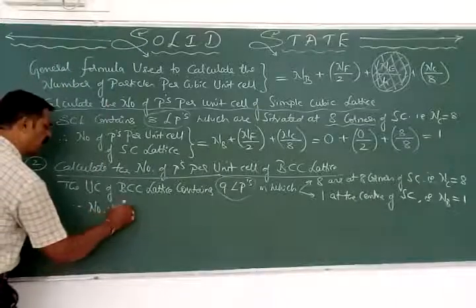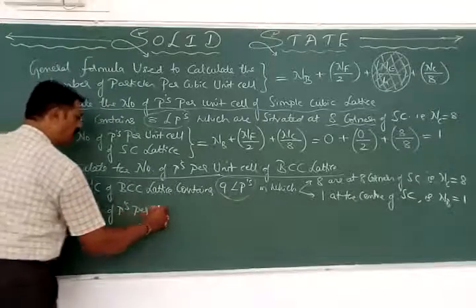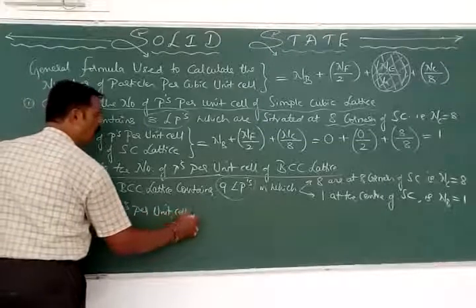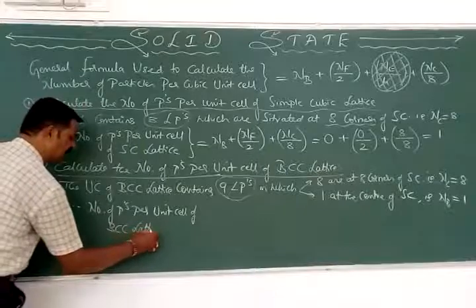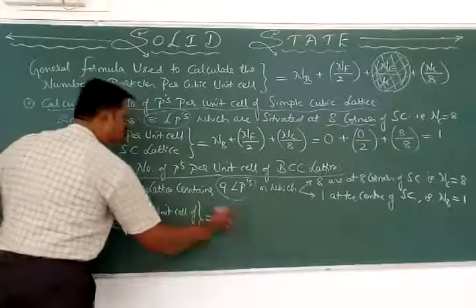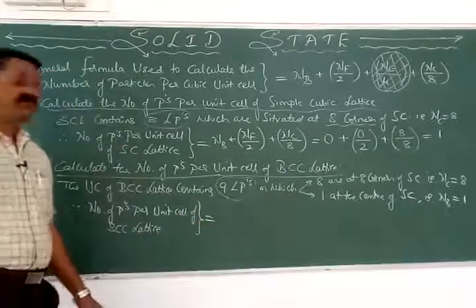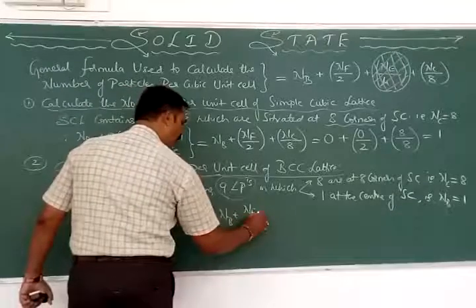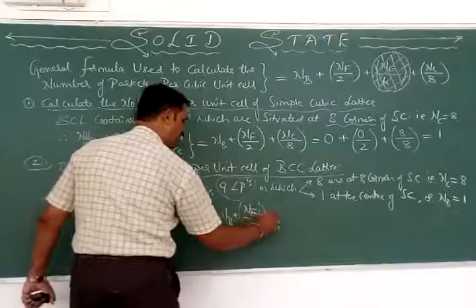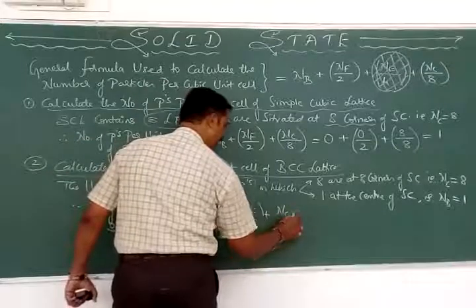Therefore, the number of particles per unit cell of the BCC lattice, the body-centered cubic lattice. What is the general formula again? NB plus NF by 2 plus NC by 8.